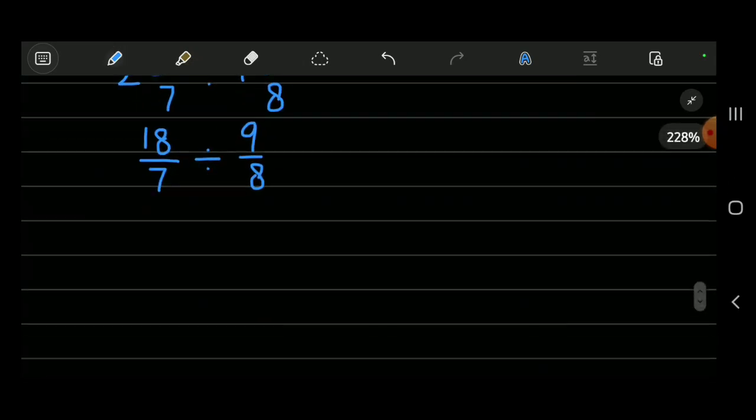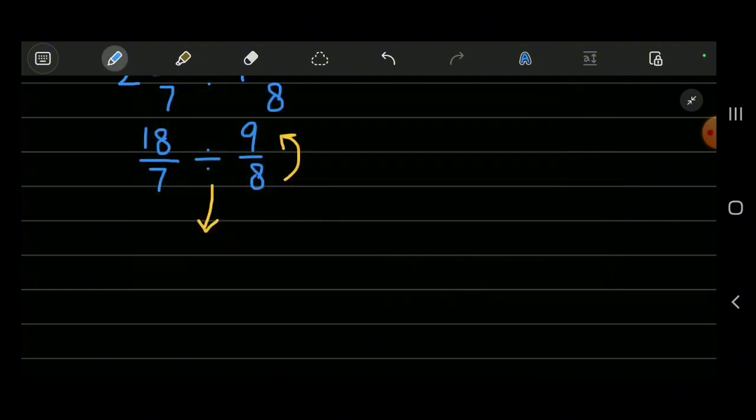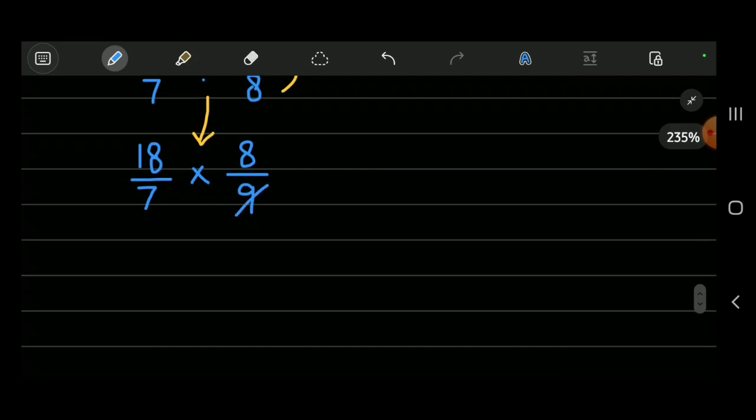Now what do we do? Division changes to multiplication, and we flip or take the reciprocal of the second fraction. So 18 by 7 multiplied by 8 by 9. So 9 times 2 is 18, 8 times 2 is 16 over 7.